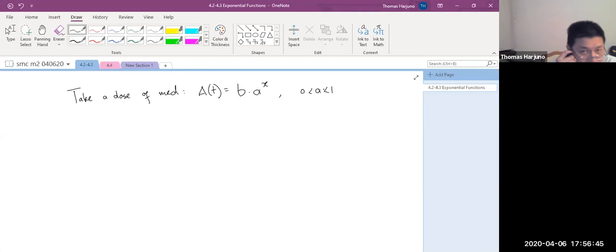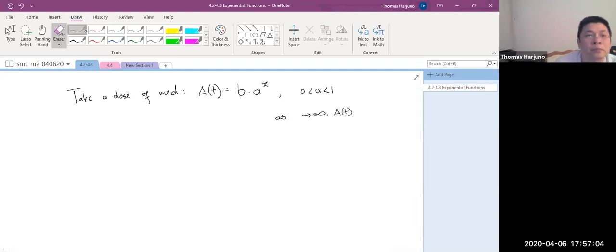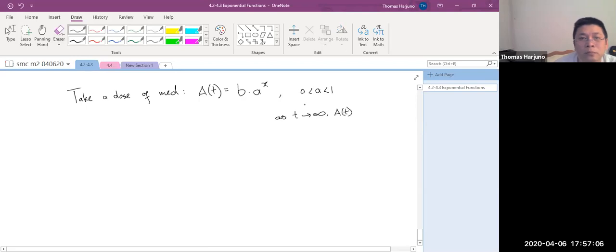Now, suppose the a is between 0 and 1, then you know that as x goes to infinity, what happens to this a to the t? Actually, I should say as t goes to infinity. The base is between 0 and 1. So the function will go to infinity?